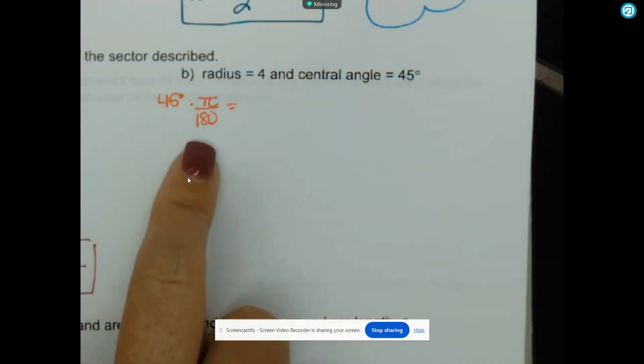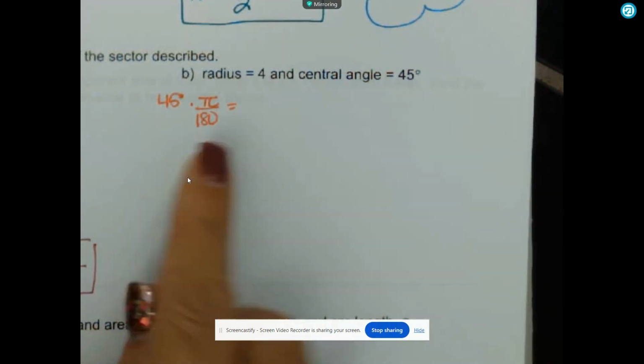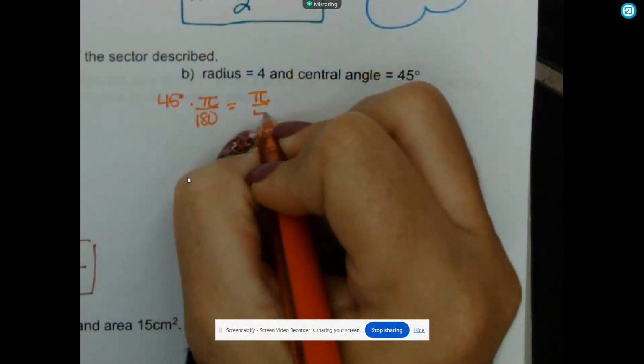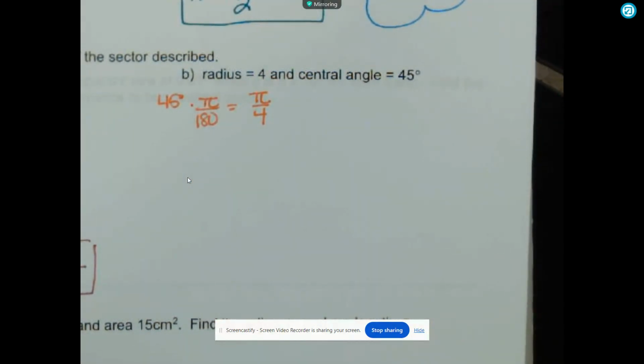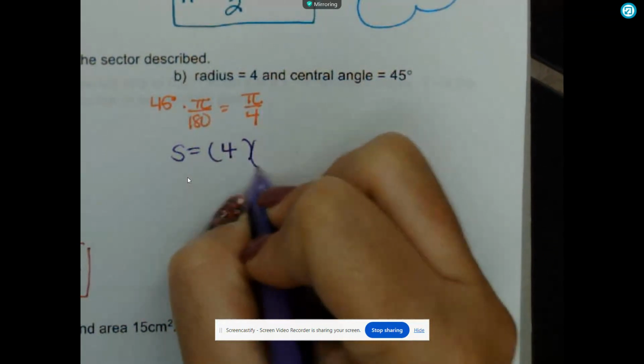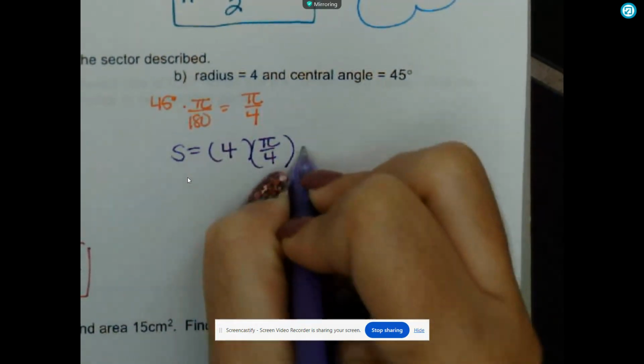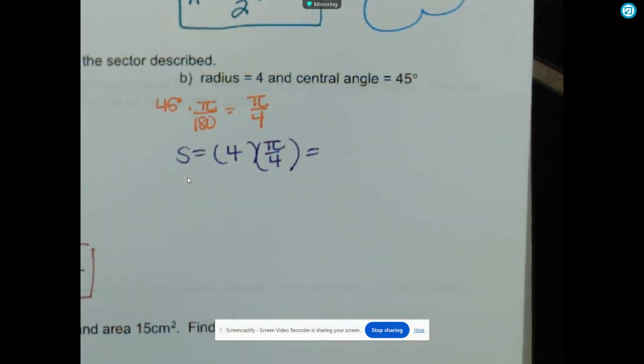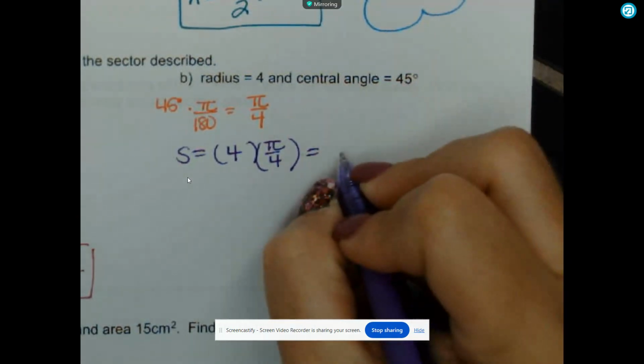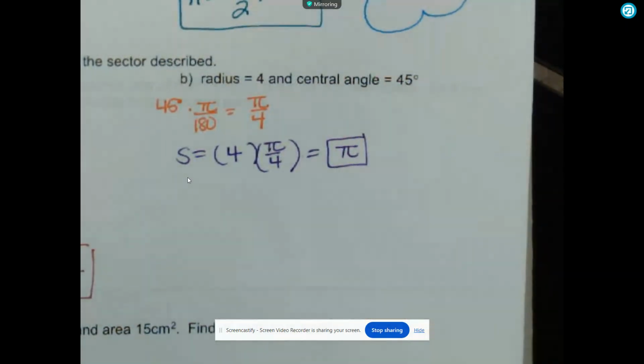So 45 over 180 reduces down to pi on 4. Now we have our angle in radians, and you go back and do the same thing we did over here. S equals r theta, where r is 4 and theta is pi on 4. The 4's cancel, so our answer is just pi.